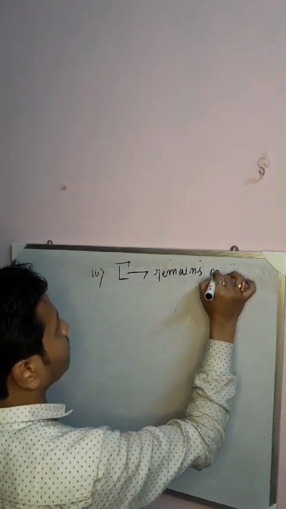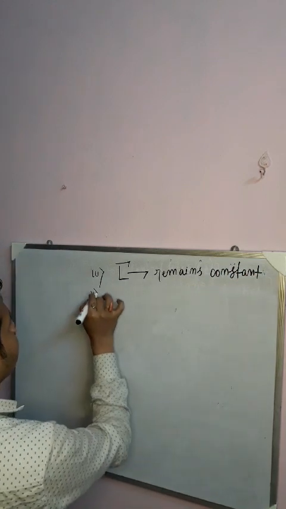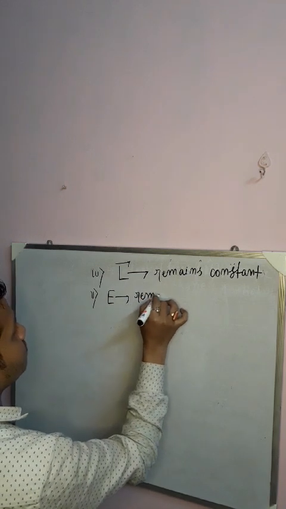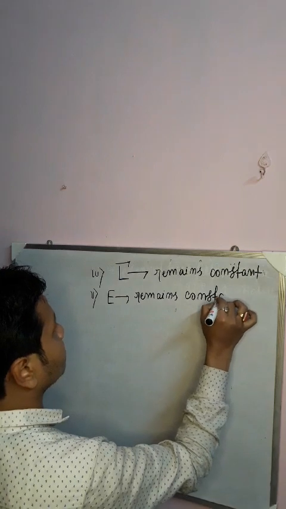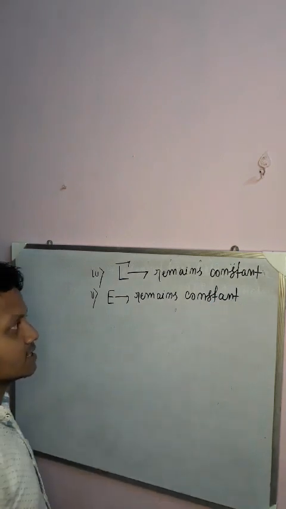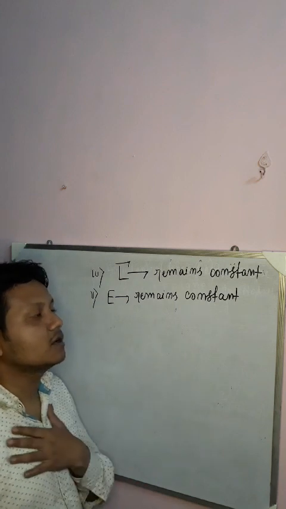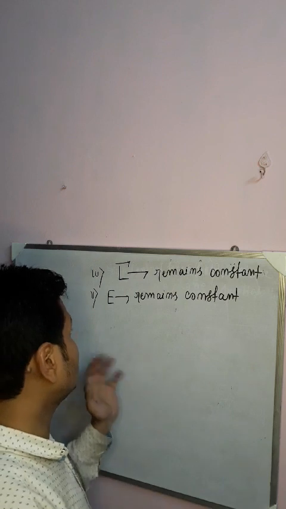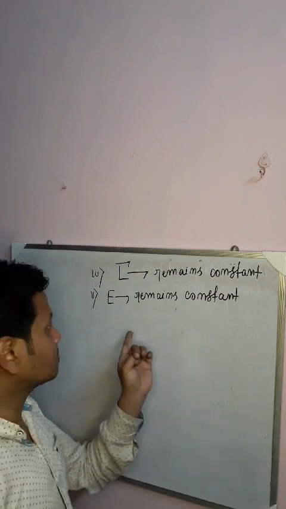The fifth thing is that the total energy of a particle in a central force field remains constant, and these two I will show in my next lecture. So in today's lecture I discussed the definition of central force with some examples and a few properties of central force, and these two properties I will discuss in my next class.